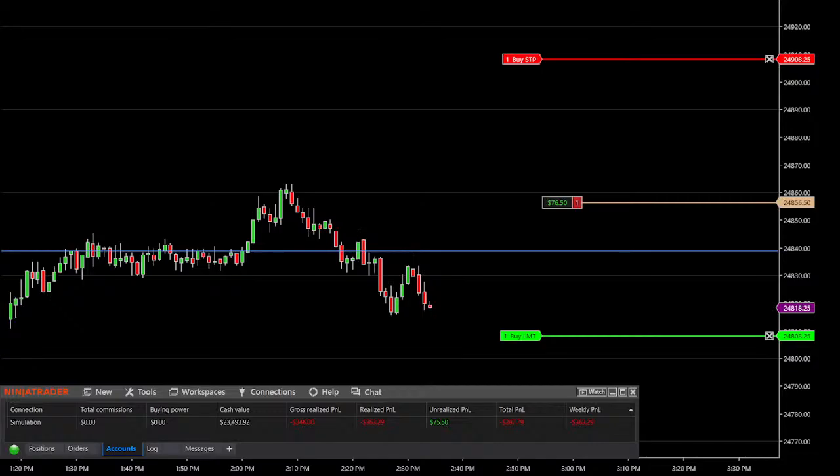These indicators were a watermark, so it can show what instrument I'm trading for the stream, and also a candle countdown.